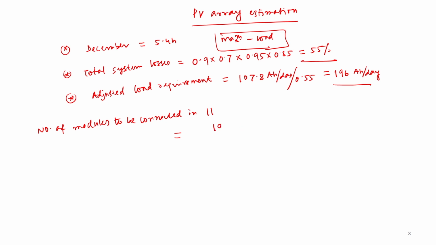So, it will be 196 divided by 3.55, which is given to us, and 5.4 hours. This gives the number of modules to be connected in parallel, which is equal to 10 modules.